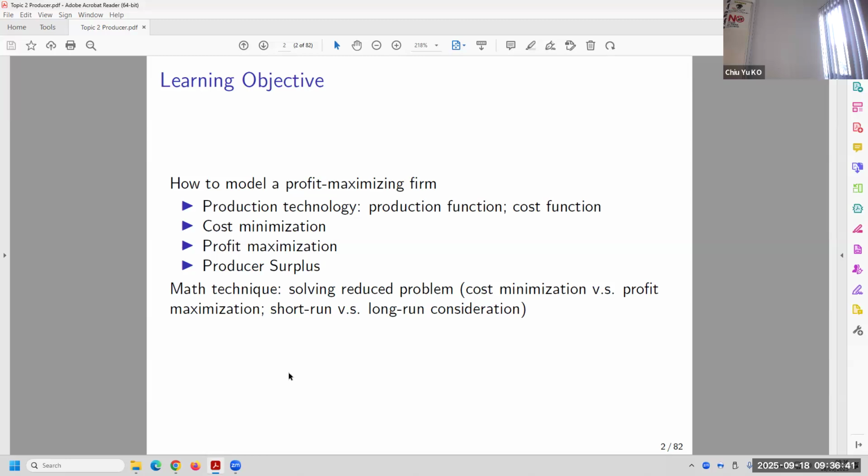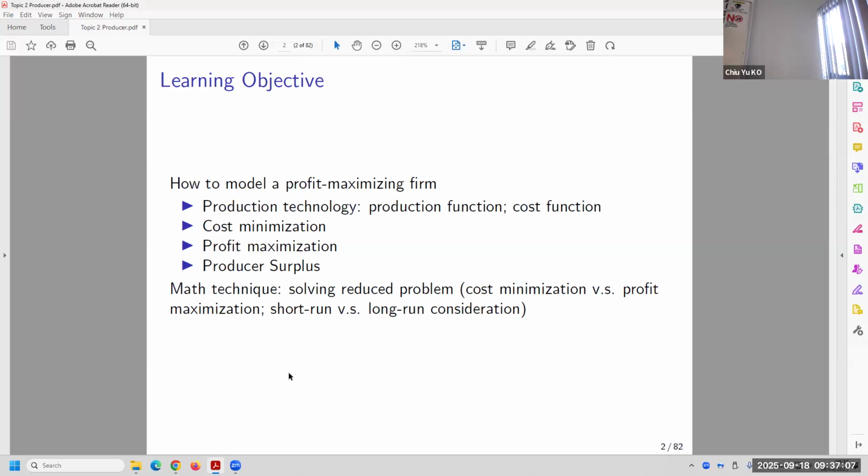First, we study production technology. Last class we talked about the production possibility set. That would be too complicated for our purpose, so we simplify to a single product firm, so everything can be boiled down to a function instead of a set. But you can easily see that everything can be expanded to a multi-product firm.